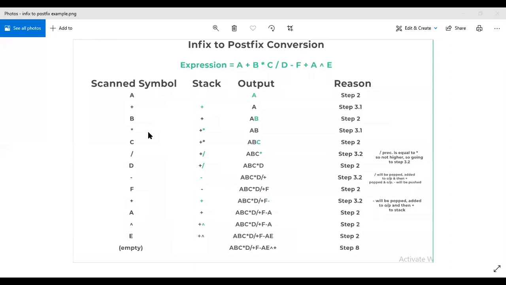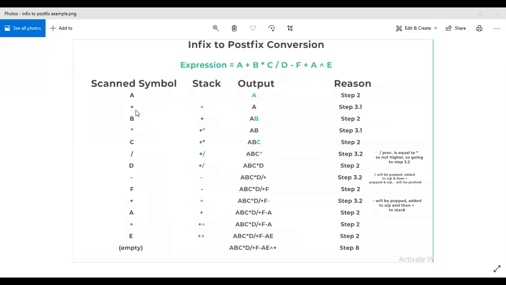Here, only two things you have to remember. Whenever an operand comes, just print it. Whenever an operator comes, I have to verify whether a higher preference operator is there in the stack. If there is, I will pop that one and push my operator onto the stack.